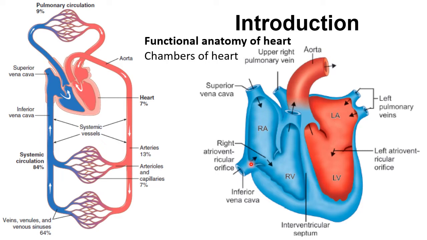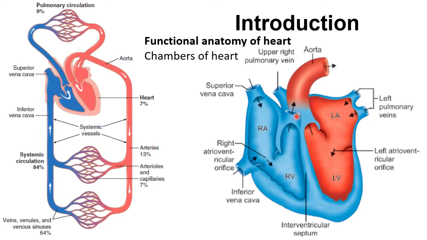Now, the structure below atrium is ventricle. Now, this ventricle is again separated by interventricular septum. Right ventricle pumps the blood to lungs via pulmonary artery, whereas left ventricle pumps the blood into the systemic circulation via aorta.